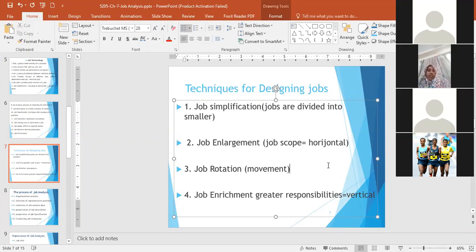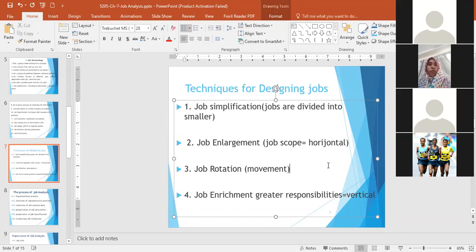Already we discussed this one in our job terminology, right? Rotation. Yes, ma'am. So if I ask in your MCQ exam, in case of job rotation, an employee changes their duties permanently or for a short time, temporarily?